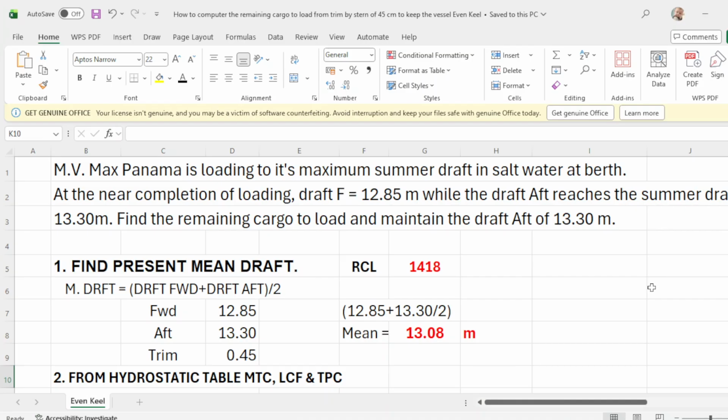The problem says MV Max Panama is loading to its maximum summer draft in salt water at berth. At the near completion of loading, draft forward is 12.85 and draft aft reaches the summer draft of 13.30.